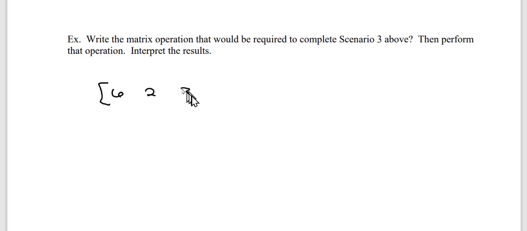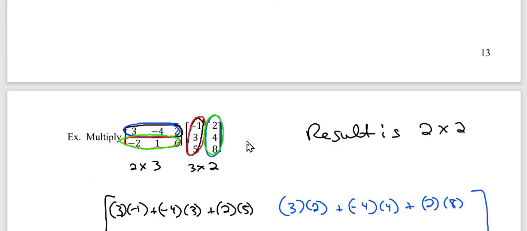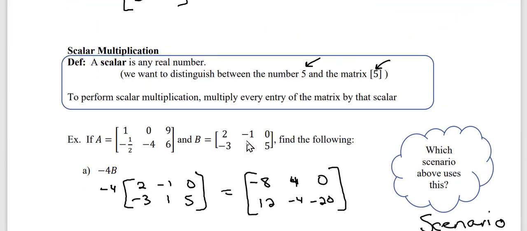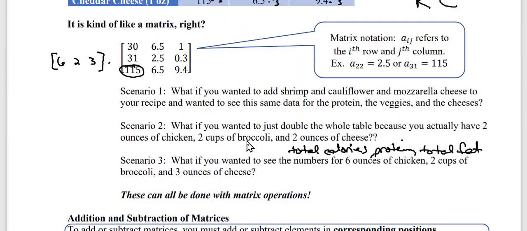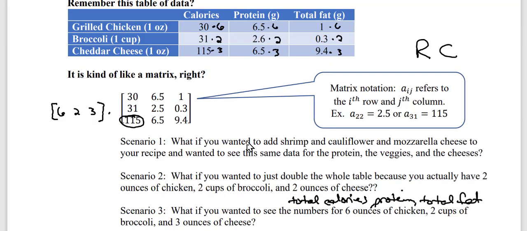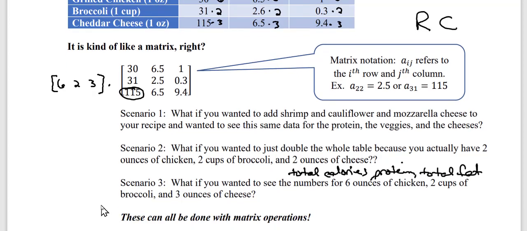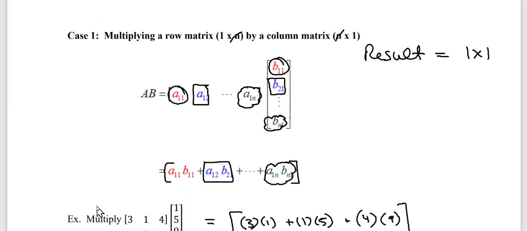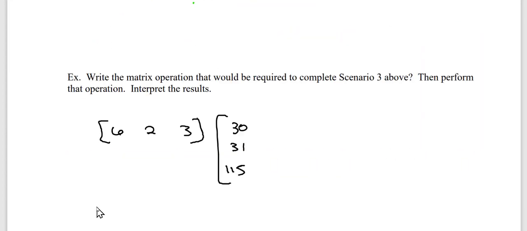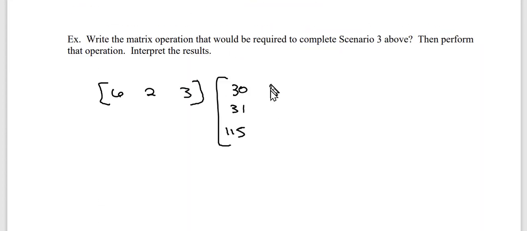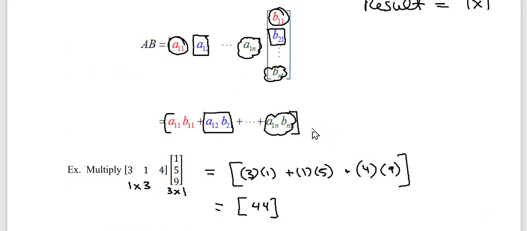6, 2, 3, and then we want to multiply that by, what was it, 30, 31, and I think 115 going down. I may have to write these numbers down. 6.5, 2.5, 6.5. I know normally we read across, but these numbers are easier for me to think about in terms of those counts.